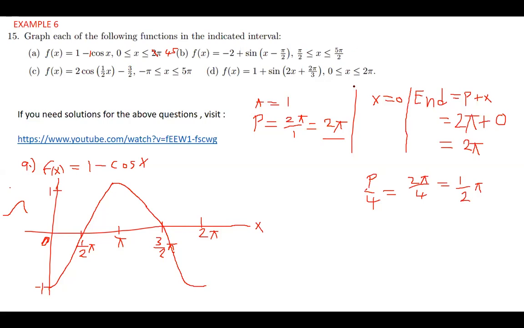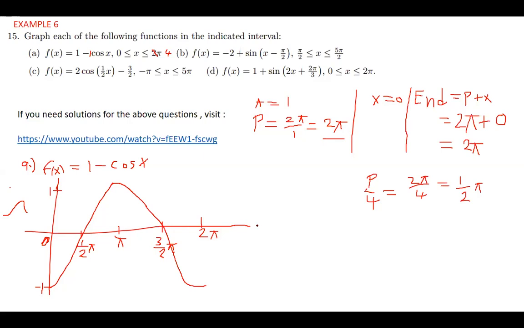These are very big ranges. So now imagine instead of giving us 2 pi, they gave us something like 4 pi.